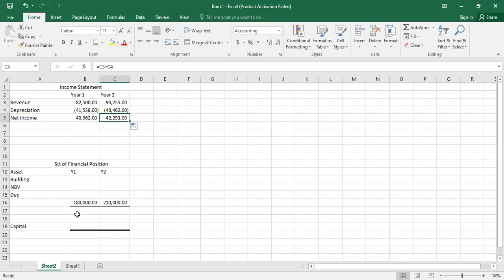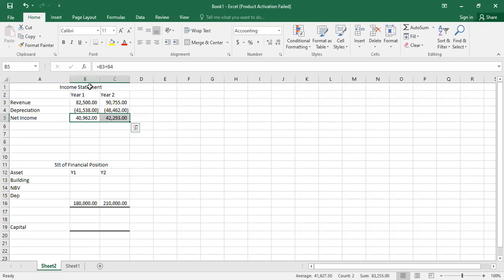We'll do for the two, then we see how it pans out. So that is our net income, unless more information comes up. These are net income figures. I can double underline that.